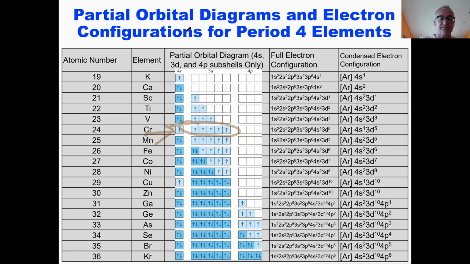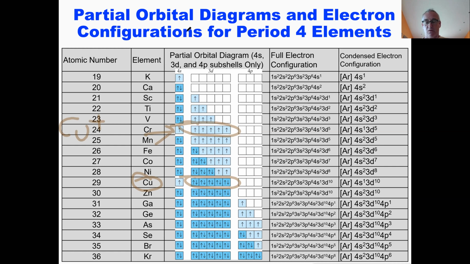With copper, it gets a lot more stability by completely filling the d orbital with electrons. And so this is what it looks like when you have copper with a 1+ charge. But you can also have copper with a 2+ charge by moving those electrons around.